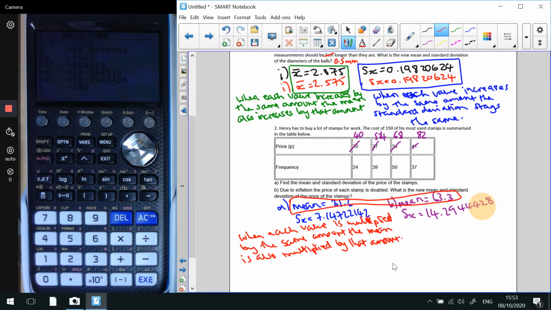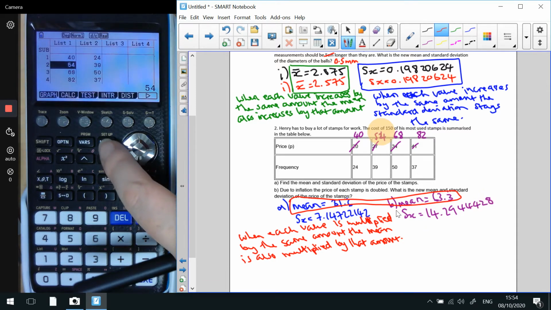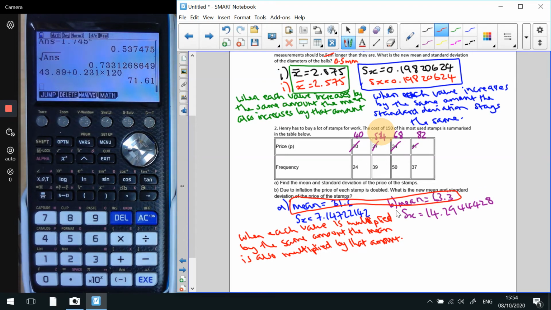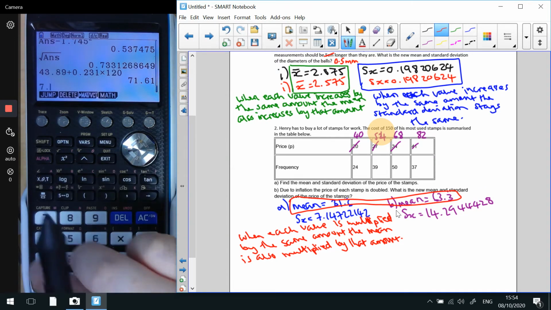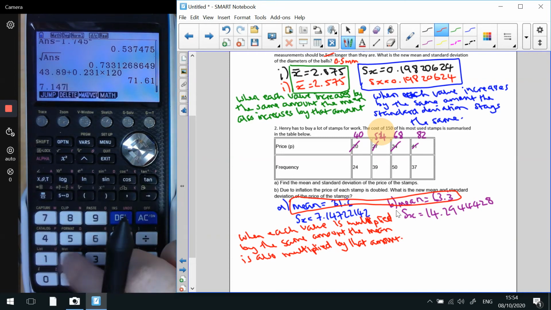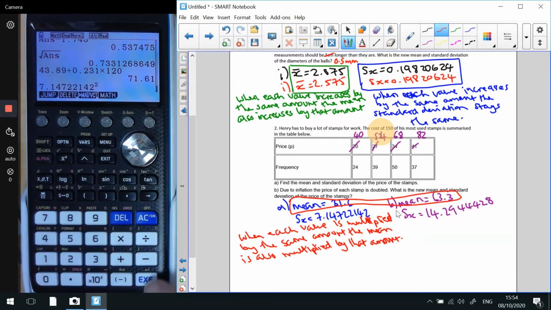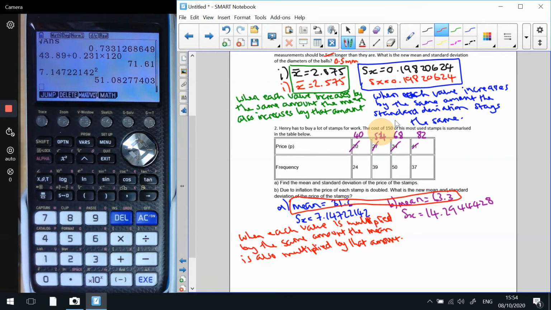Now it's hard to tell with the standard deviation. There's definitely something going on between these two. It becomes much more clear if instead we have a look at the variance. If we have a look at our variance, so for the first one we'd have 7.14722.142 squared, which gives us a variance for our first set here of 51.08277.403.